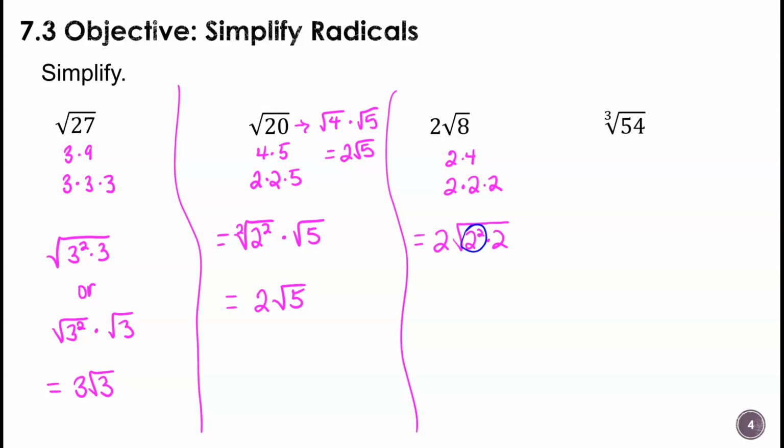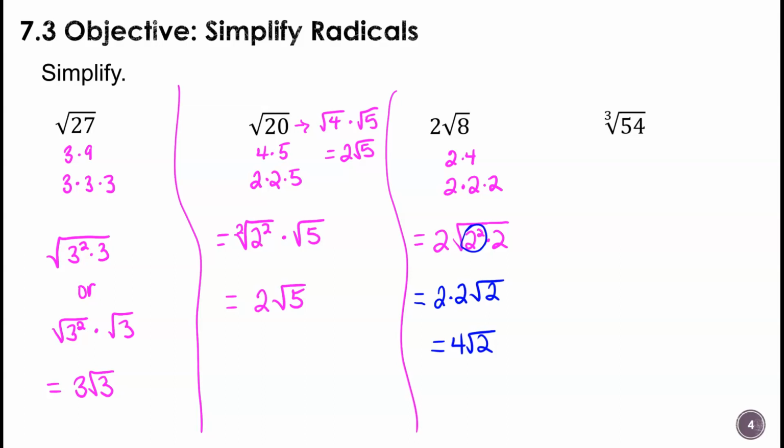So I can take this root out. The square root of 2 squared is 2. So on the outside, I have 2 times 2 times the square root of 2, which is 4 radical 2. And then we are finished with that.